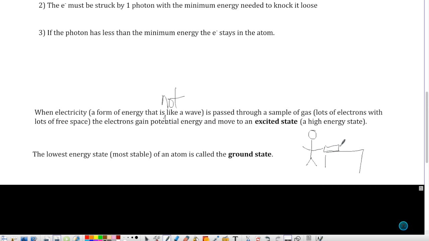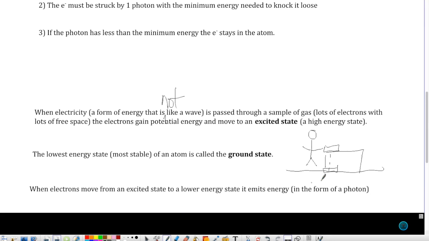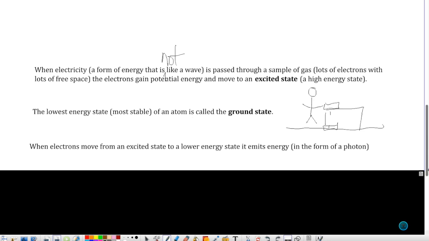What would happen if I slid my hand sideways and knocked the book off the table? Well, it would fall to the ground. When the book is on the ground, it is in its lowest energy state. We call that the ground state. Things tend to prefer to be in their lowest energy state, so the ground state is the most stable state.